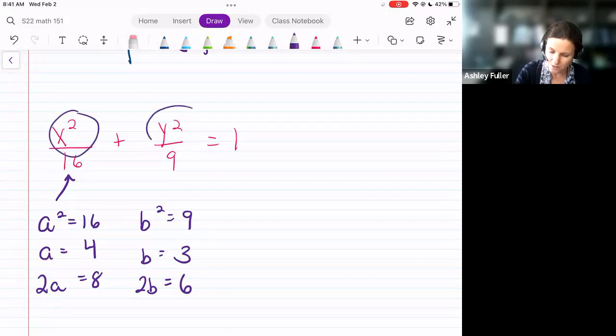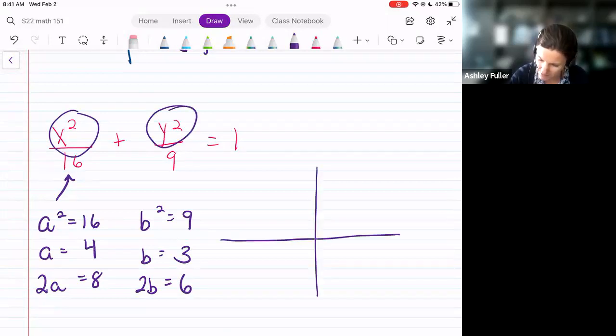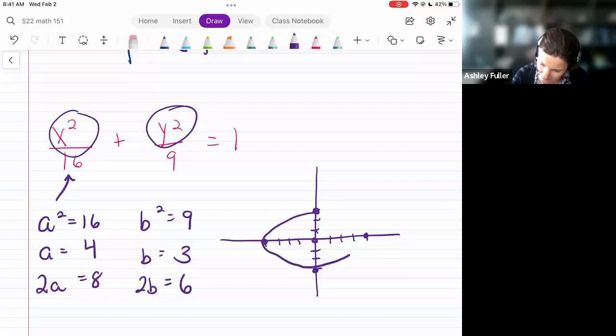There are no values with the x or y squared, so our center is going to be at (0, 0). Then we're going to travel 4 in each direction to get our major axis of 8, and 3 in each direction to get our minor axis. This creates our ellipse.